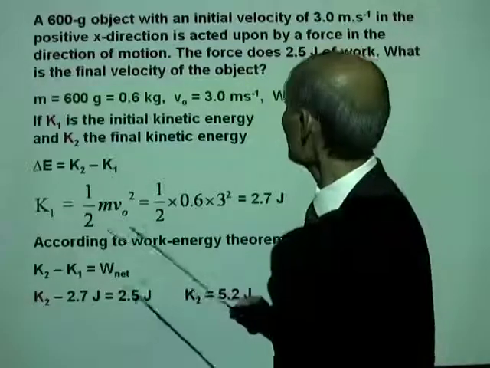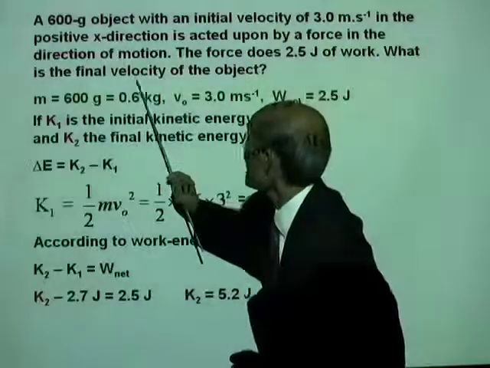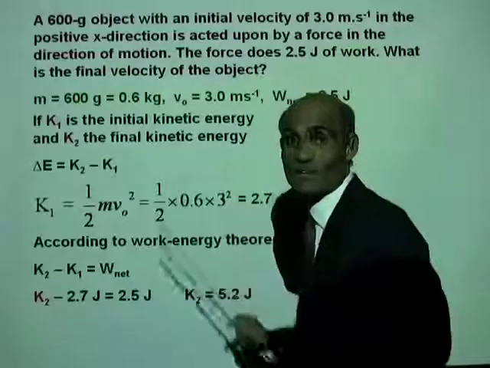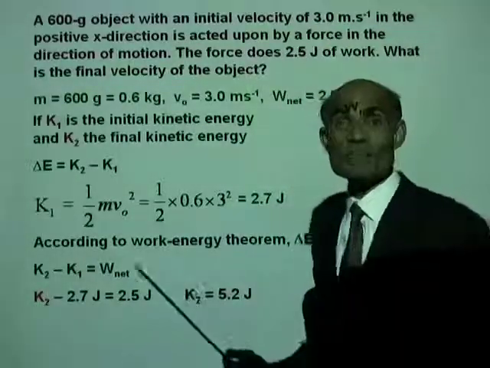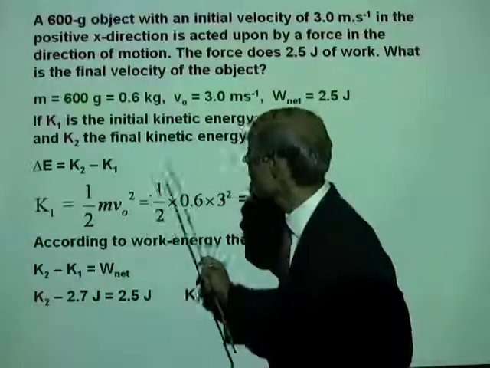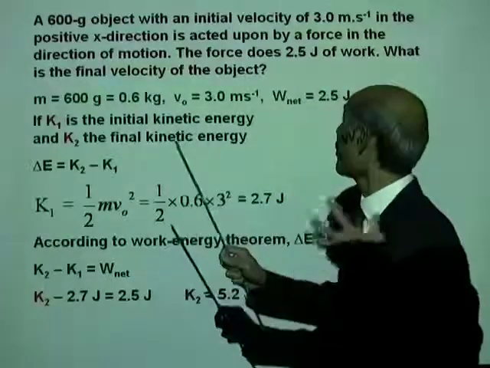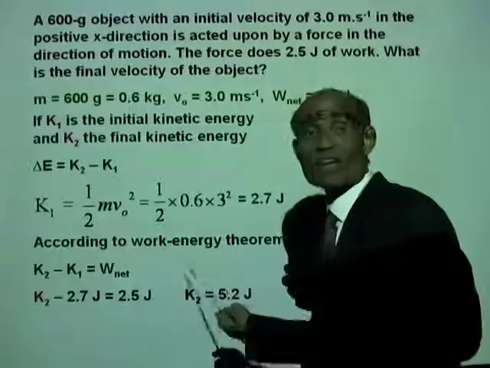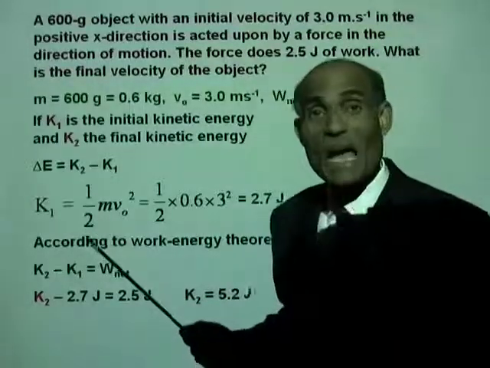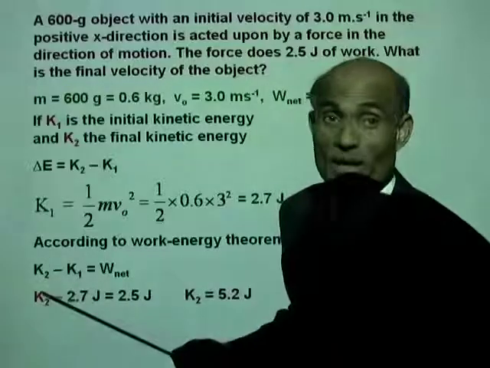What are we supposed to find? We need to find the final velocity. We know the final kinetic energy. If the final velocity is V2 or V, then this final kinetic energy will be 1/2 mv squared.